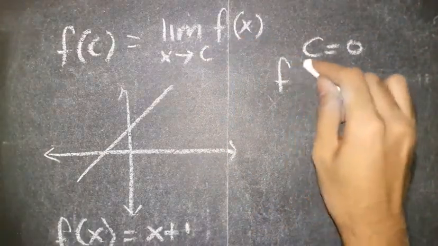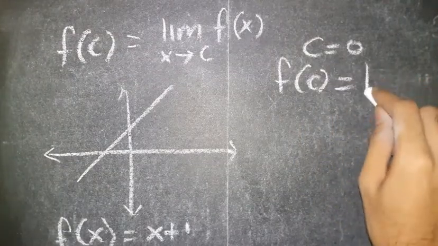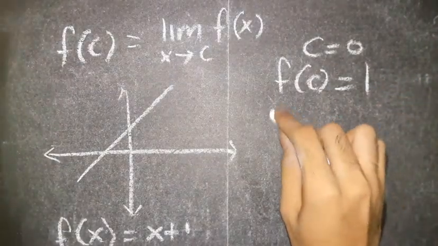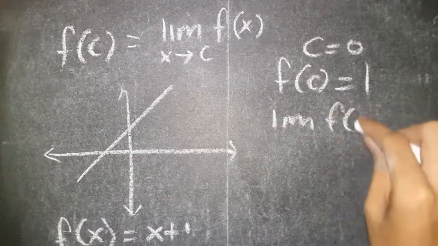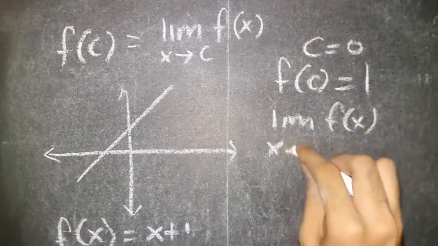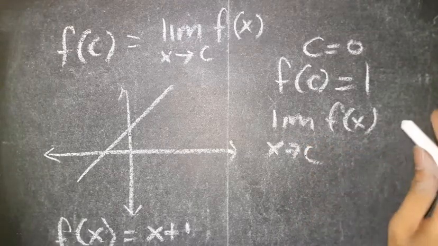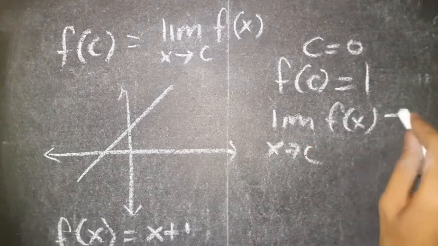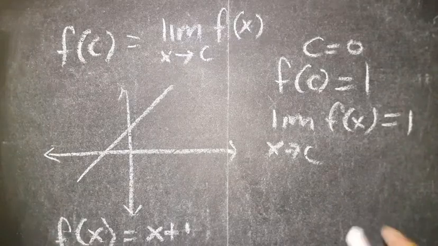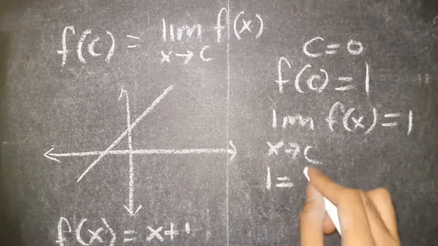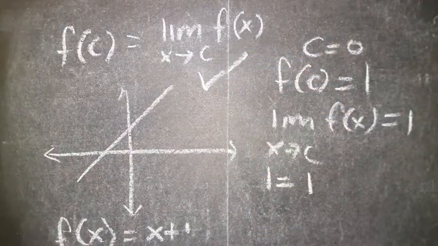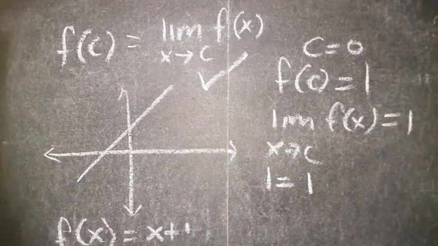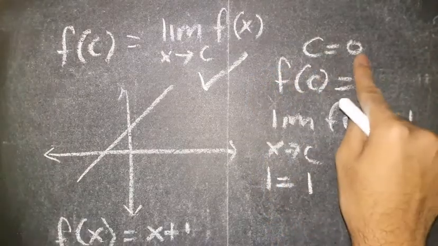Recall that our f of c is equal to 1, and the limit of f of x as x approaches 0 is also equal to 1. Hence, 1 is equal to 1, and the function is continuous at x is equal to 0, which can be seen as a shaded point in this graph.